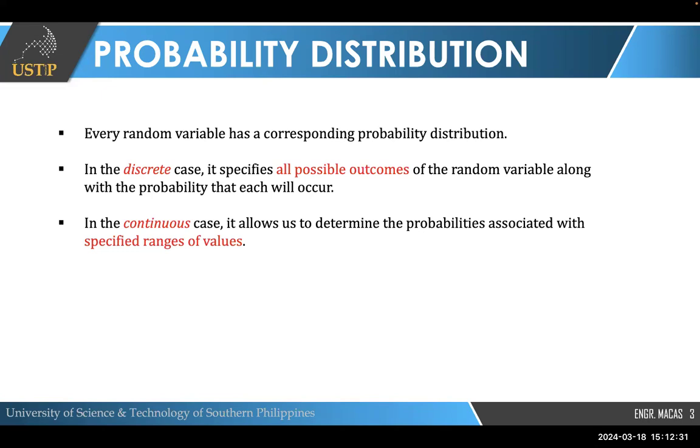In discrete cases, it specifies all possible outcomes of the random variable along with the probability that each will occur. In continuous cases, it allows us to determine the probabilities associated within specified ranges of values. But in this case, we'll focus on discrete to better see the beauty of probability distribution.